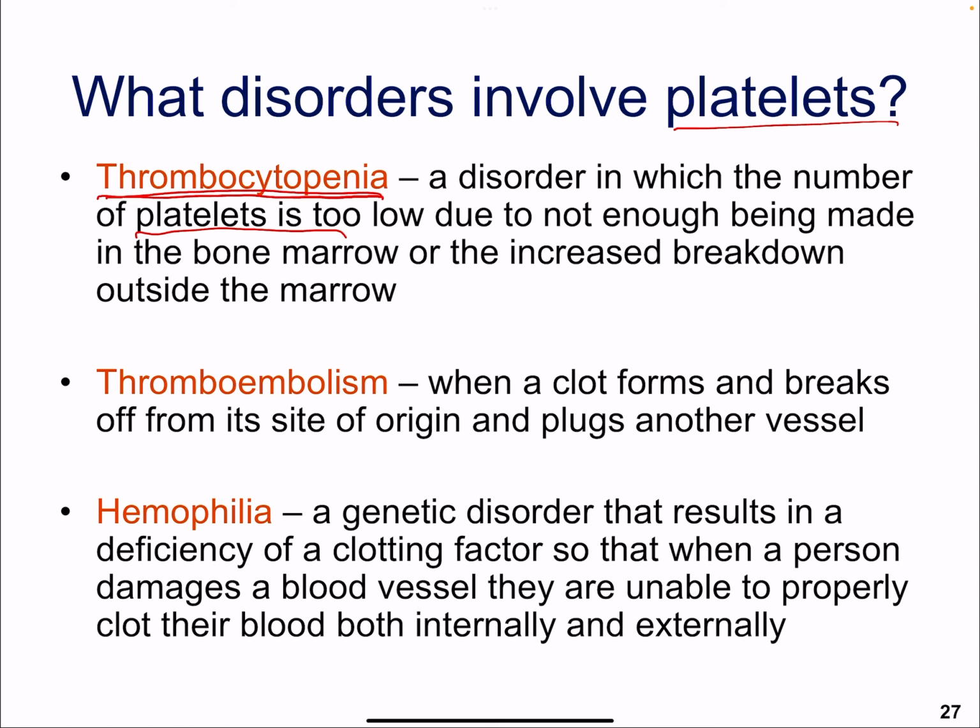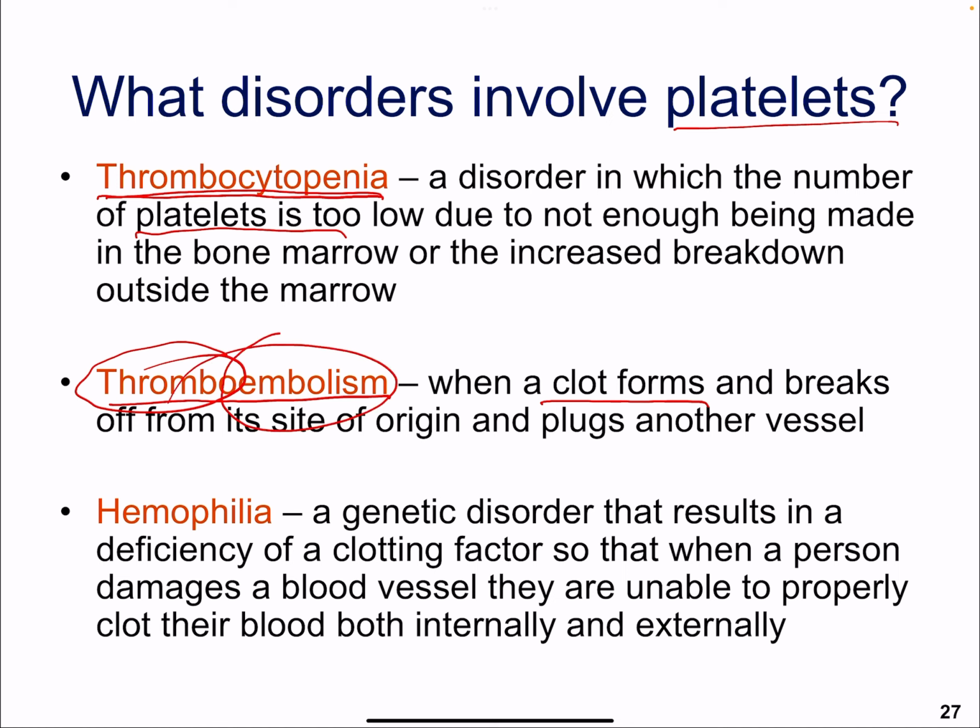Okay? Then we have thromboembolism. Thromboembolism is when a clot forms and breaks off from the site where that clot was formed to go plug another blood vessel. We talked about thromboembolism, right? Thrombus is a plaque.